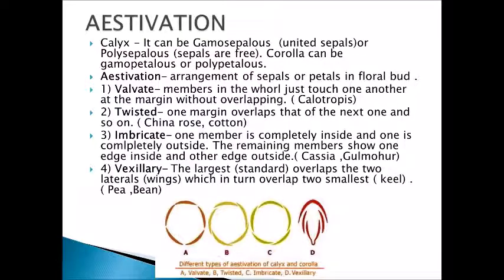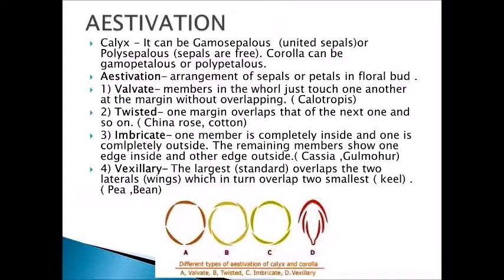The next part is related to estivation. Estivation is nothing but the arrangement of sepals and petals in the floral bud. Sepals are the units of the calyx. When these sepals are united, that is called gamosepalous.